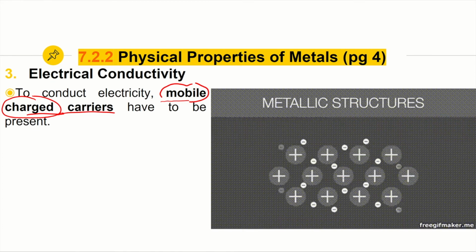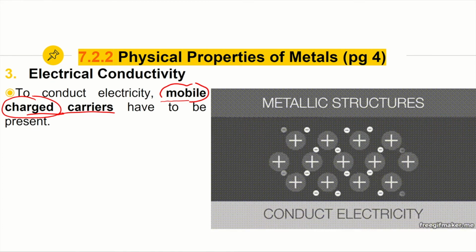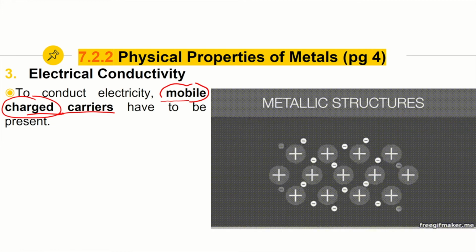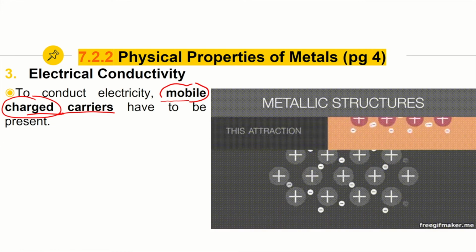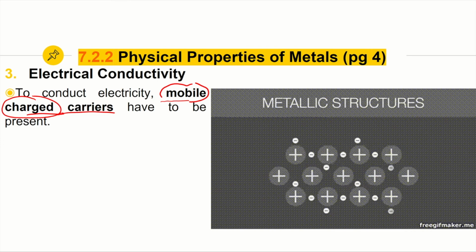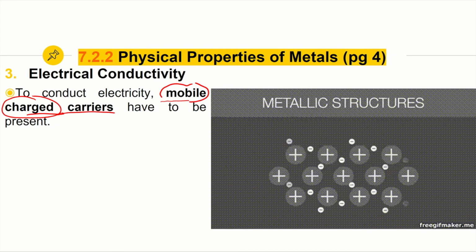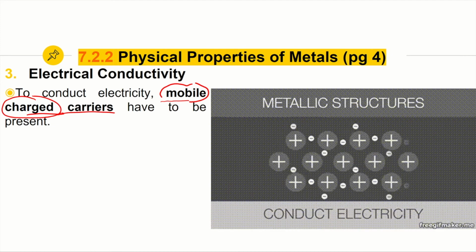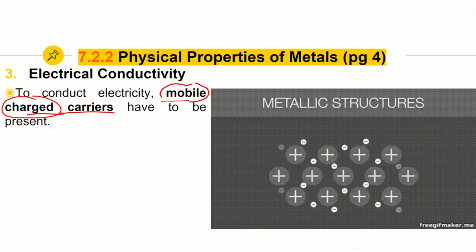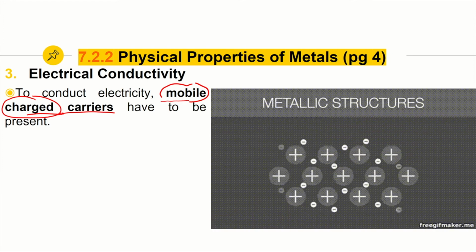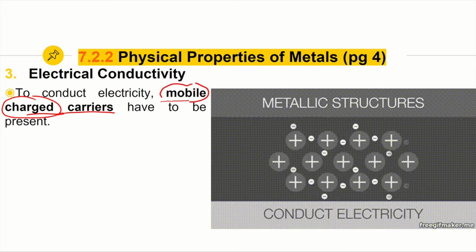Now tell me, looking at this structure, is there any particle that is mobile? The lattice of positive ions and the sea of delocalized electrons. So which one is mobile, ions or electrons? Then my second question is, this particle that is moving, does it have a charge or is it neutral?